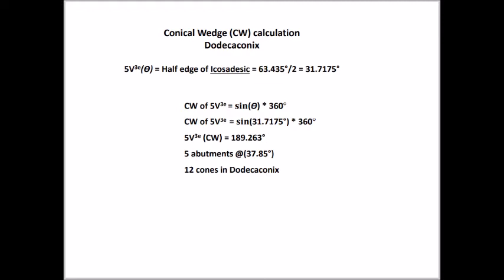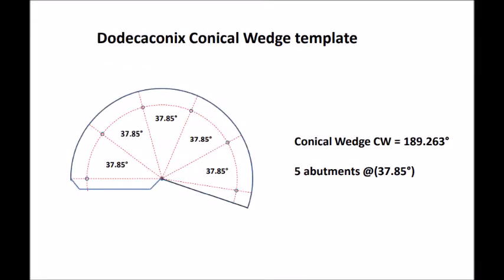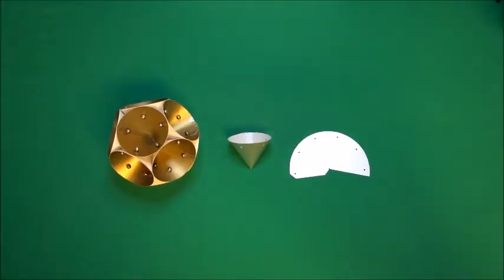We take the sine of this angle and multiply it by 360 degrees. This results in a conical wedge of 189.263 degrees. We divide this by 5 to find the abutment points, and this is the resulting template for the conical wedge of the dodecaconix, and I will demonstrate its construction now.